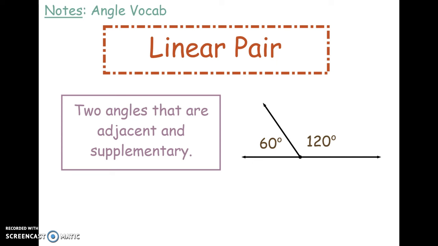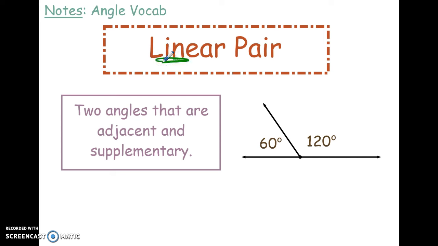On the back, we have a few different terms. You already know about complementary and supplementary, those are angle relationships. We also have linear pair. A linear pair is two angles that are adjacent and supplementary. Basically two angles that make a straight line.